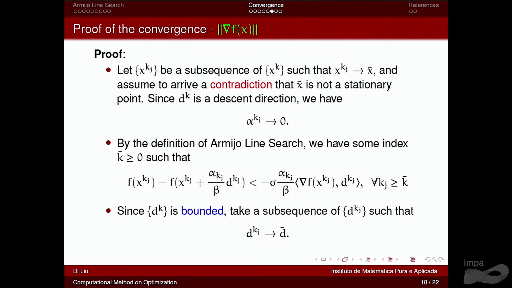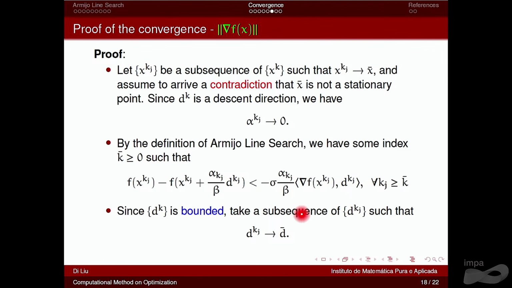Since d_k is bounded, we take a subsequence of d_{k_j}. Because of the difficulty of representation here, we need to choose another subsequence of k_j, a subsequence of the subsequence. We just use k_j here, but you need to remember we choose a subsequence again; it doesn't matter and will not impact the proof.